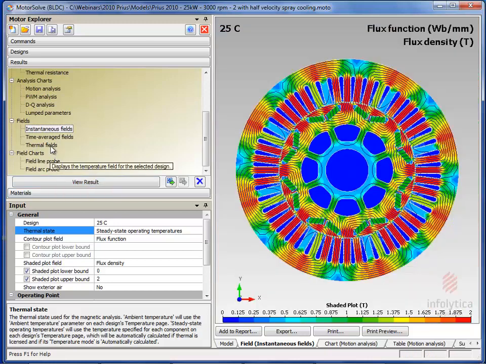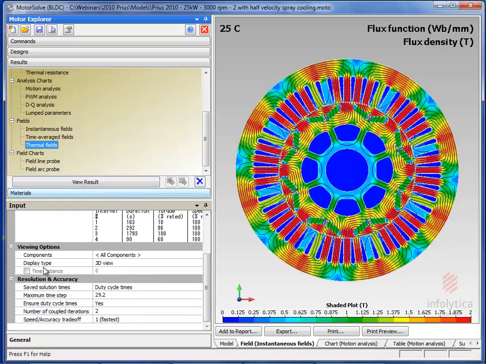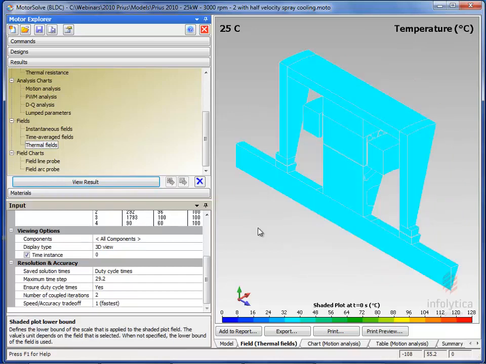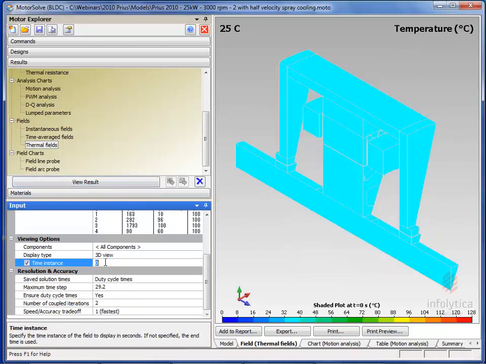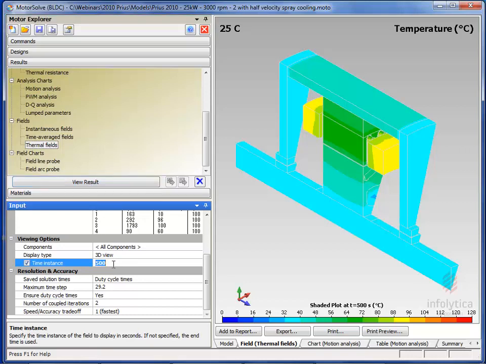If I look at the thermal fields, we'll start with a time instance of 0. Here's our thermal shade plot, and we're going to retrace our steps from the previous model and step through 500-second intervals. Here you can see the response at 500 seconds.